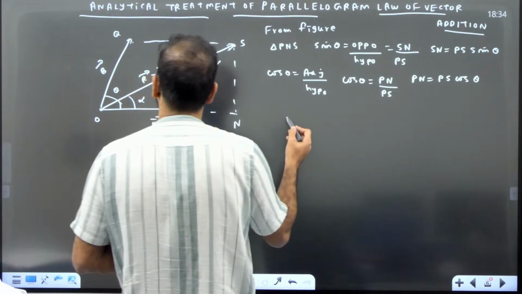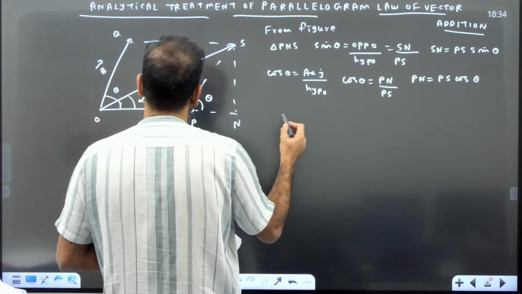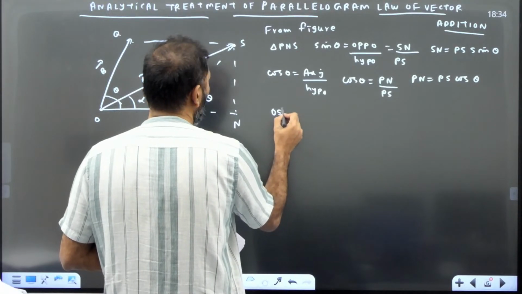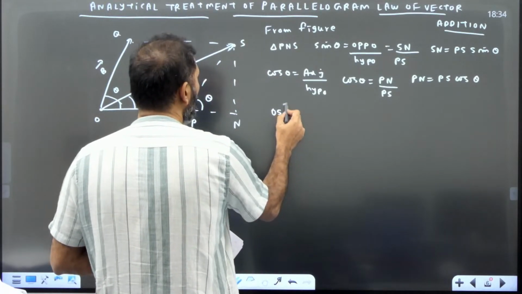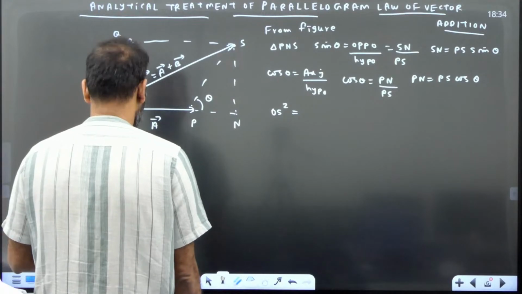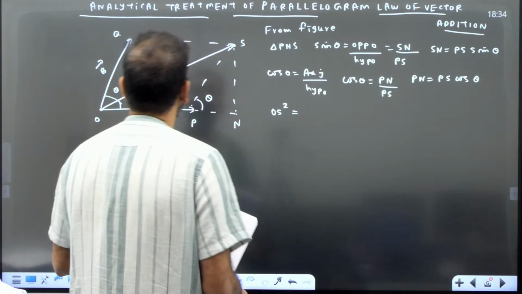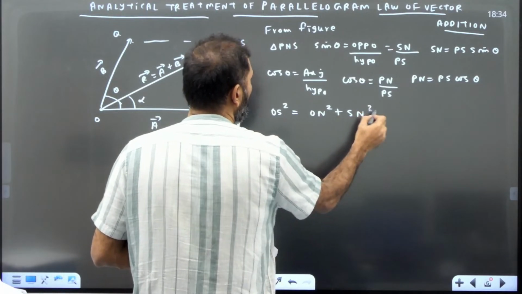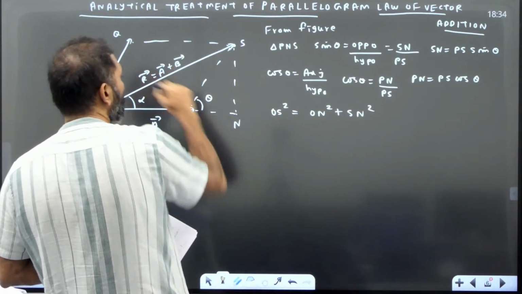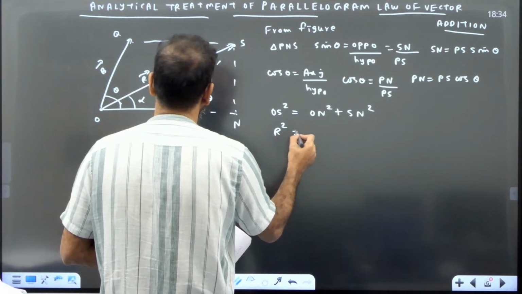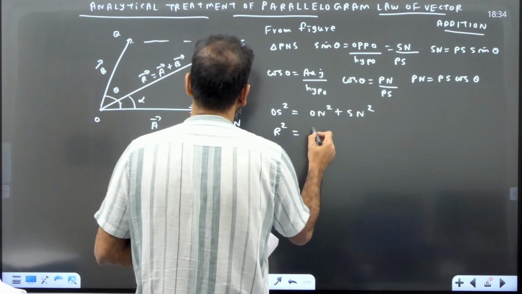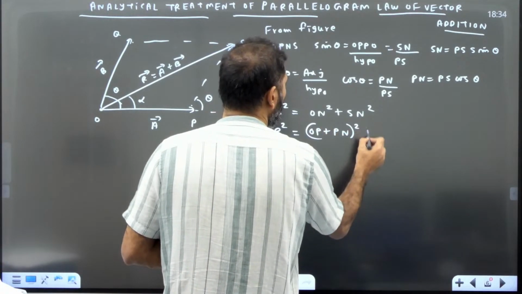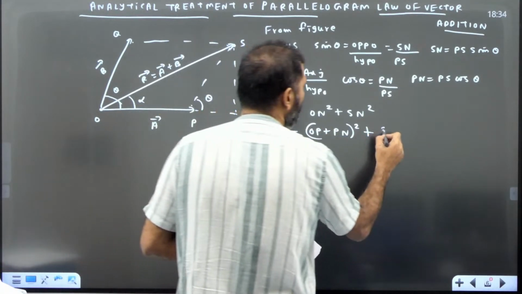Now, OS square is equal to what is the formula? OS square is equal to ON square plus SN square. What is OS? Resultant R. So R square equal to ON square. Instead of ON, I can write OP plus PN, the whole square, plus SN square.